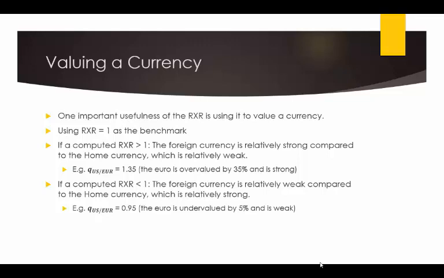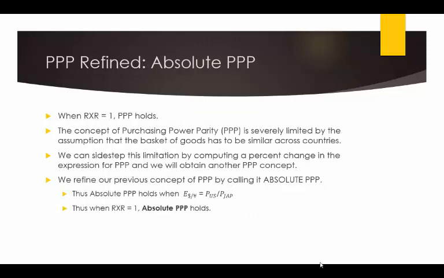Similarly, if the US-Euro real exchange rate is 0.95, then the euro is undervalued by 5% and is weak relative to the dollar. When the real exchange rate is equal to 1, both currencies are at par and PPP holds.